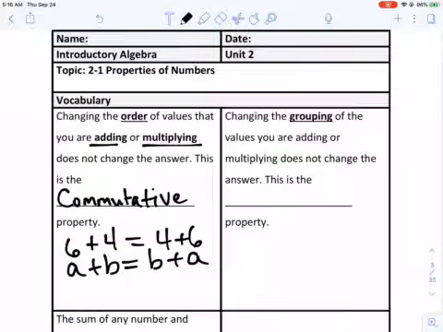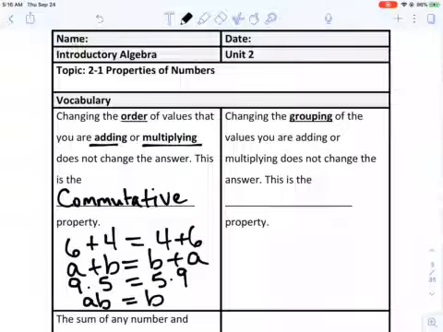So a multiplying example, 9 times 5 equals 5 times 9. Or AB equals BA. Now we call it the commutative because commute means to move.